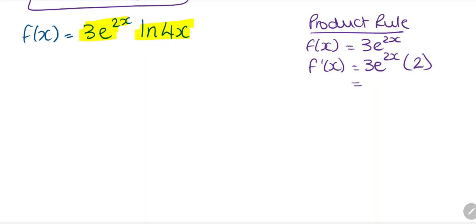So 2 times 3, that's 6e to the 2x. Then g of x is our ln 4x.